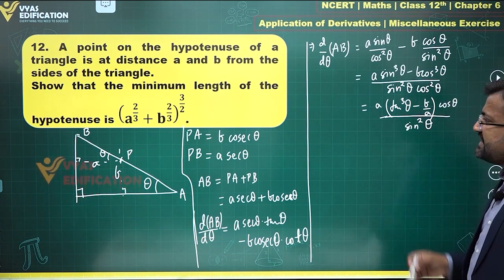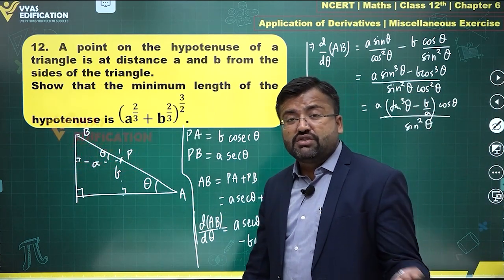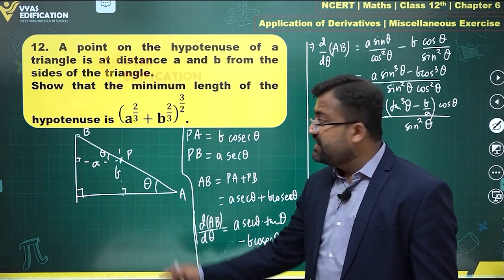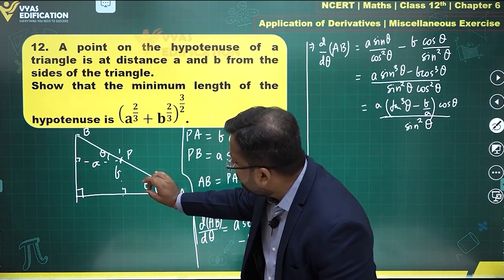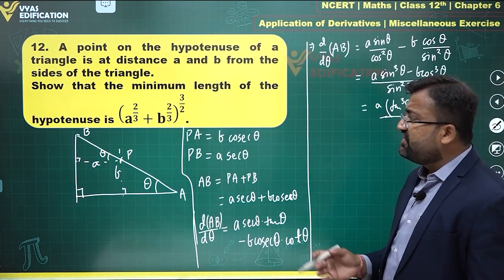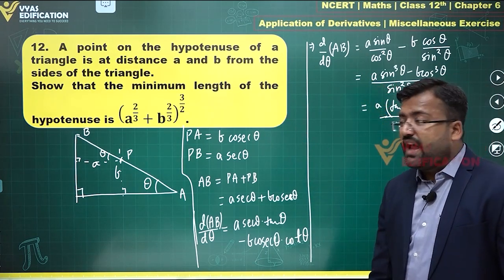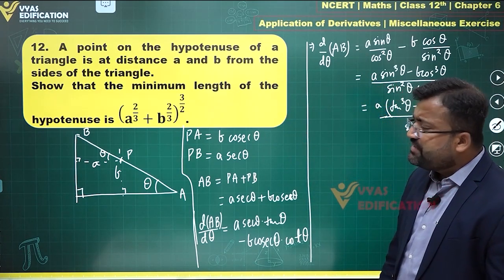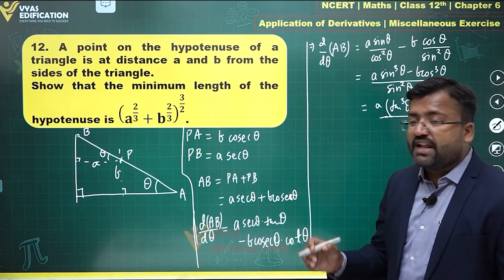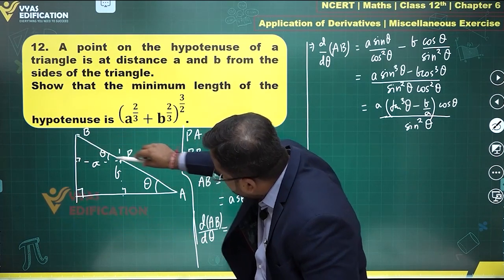Otherwise, for cos theta equal to 0 or sin theta equal to 0, if you think about the extremes, what you'll get is a very small triangle or a very big triangle. If theta becomes very, very small, the hypotenuse will be very, very long.